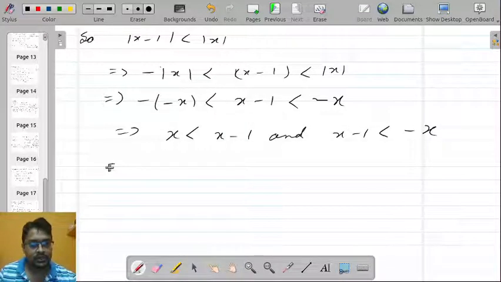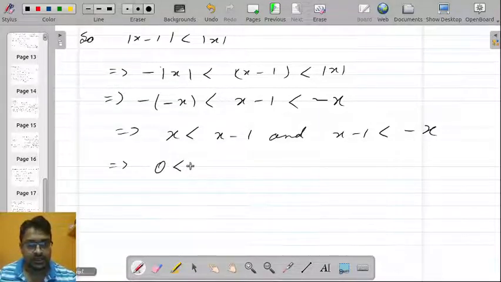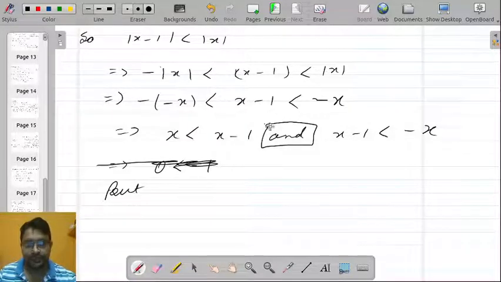Okay, so let us separate this. So x is less than x minus 1, this actually means that 0 is less than minus 1, which is not true. Here you have the AND connective, so the connected statement will be true if both of them are true.